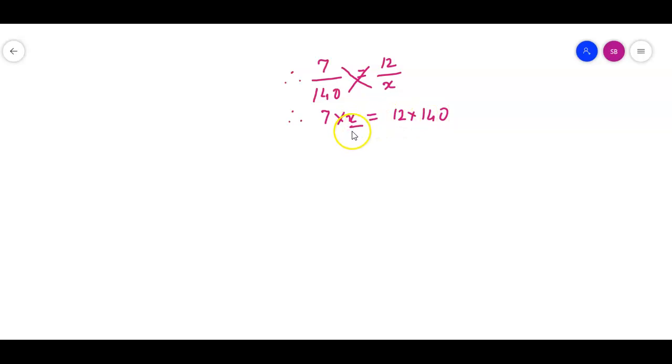Now we have to find out X. So X is equal to 12 into 140, let this be the same. We will not multiply it, because anyhow we will have to divide it.